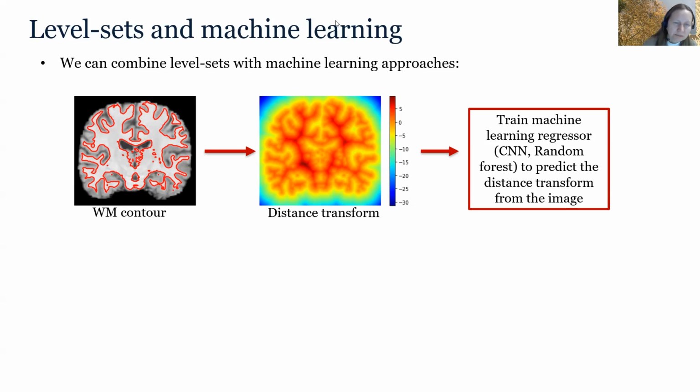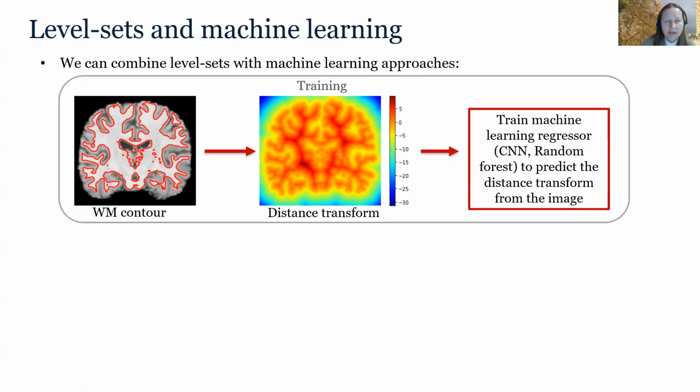Just to go back a little bit to the distance transform, you can see that these red values are positive, so that's inside the white matter, and yellow, green, and blue are negative, so that's outside the white matter, and very far away it's very negative. So this is our training part. We trained some machine learning model. We input the image and get the distance transform.